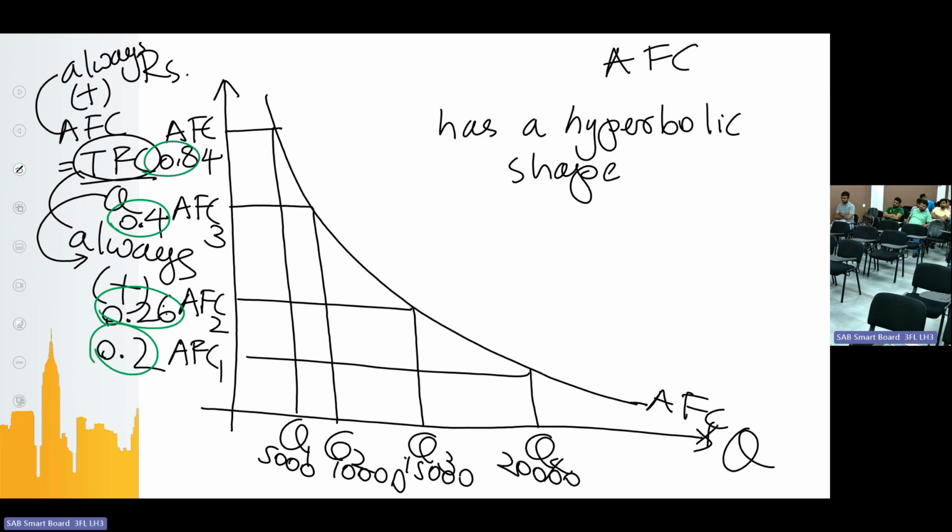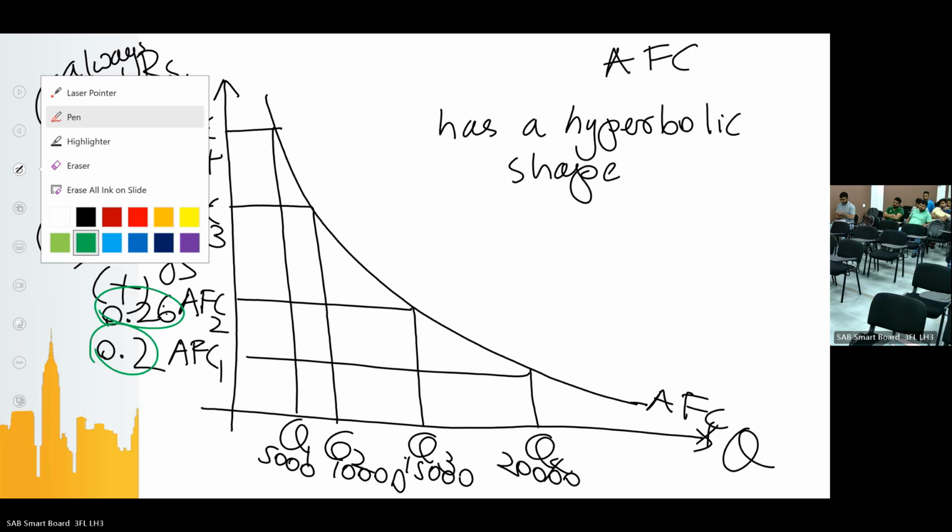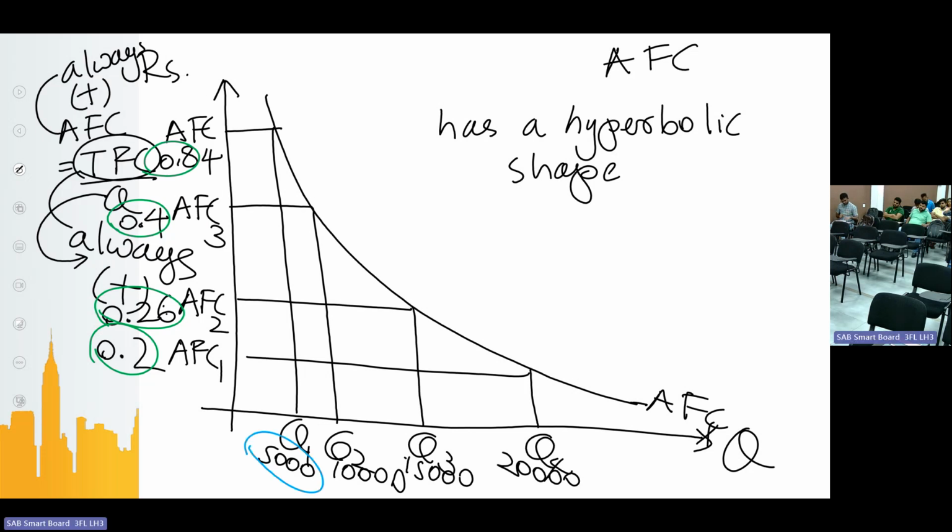So when we multiply Q and AFC, we will obtain TFC.